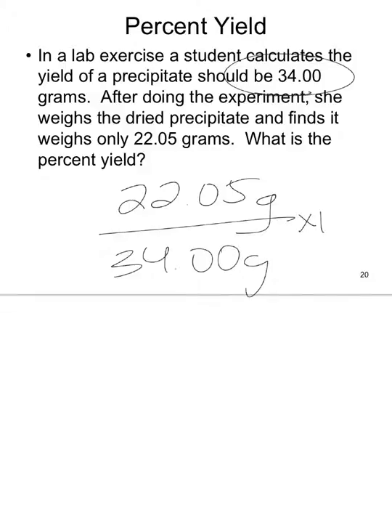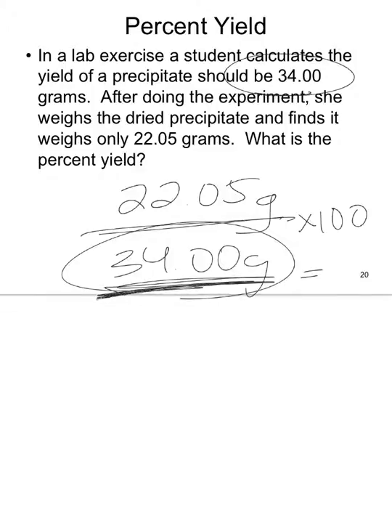So we just take what we get in the lab, divide it by theoretically what we should get in our calculations. This is our stoichiometry, and that is going to be our percent yield times 100, so 64.9%.